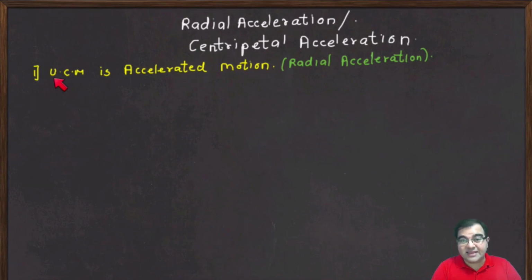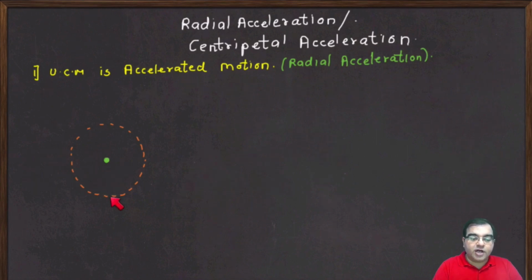So let us understand this in more detail. Consider a circular path with the center shown in green. Now the object, or the car, is currently at this point. There is a force which is applied by a man.